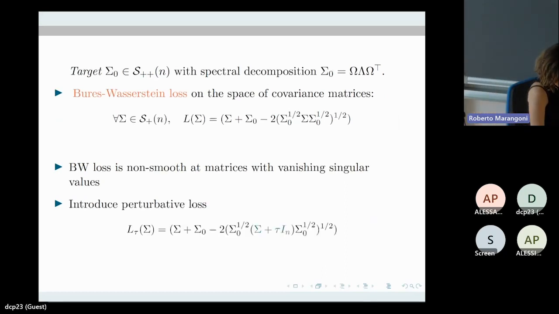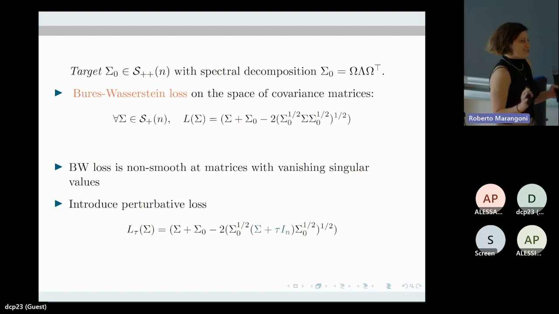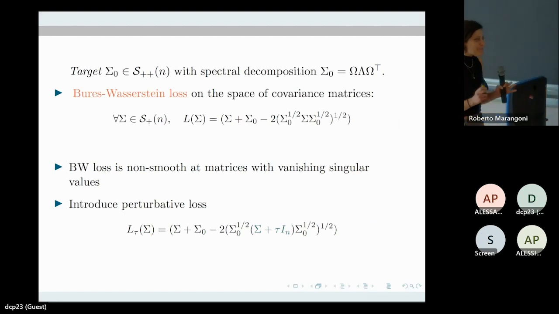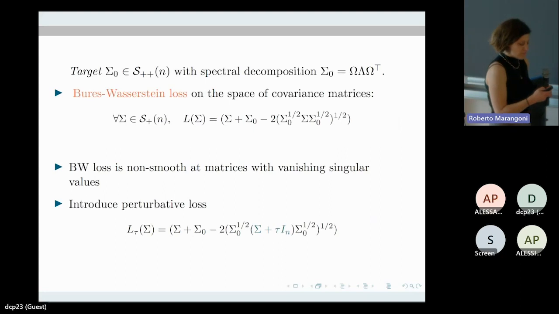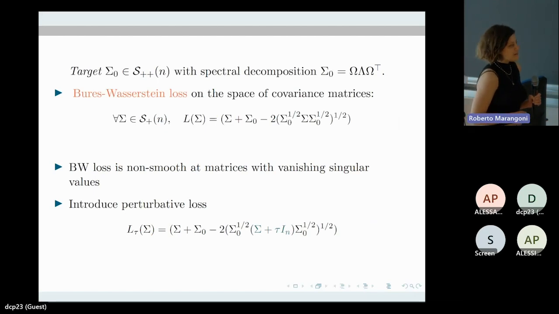So what we are doing is we perturb our parameterized covariance matrix by tau, and tau is not just any parameter. It should also be bounded from below by the minimum singular value of the target covariance matrix.